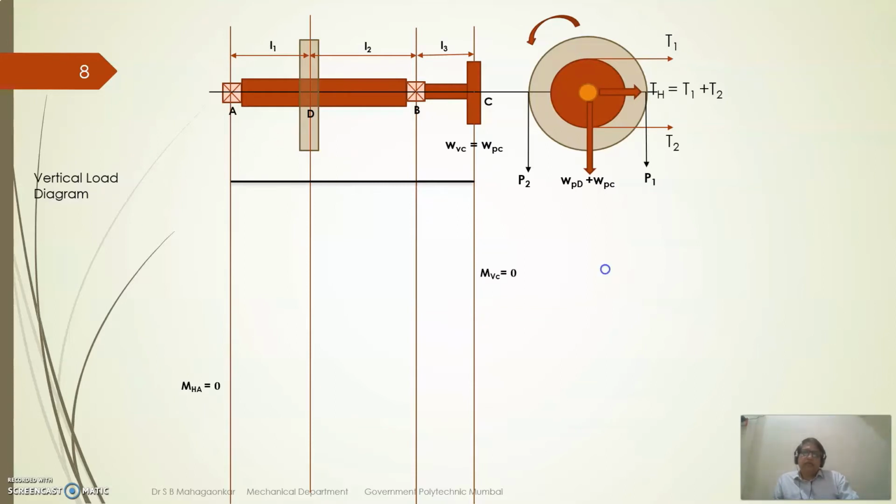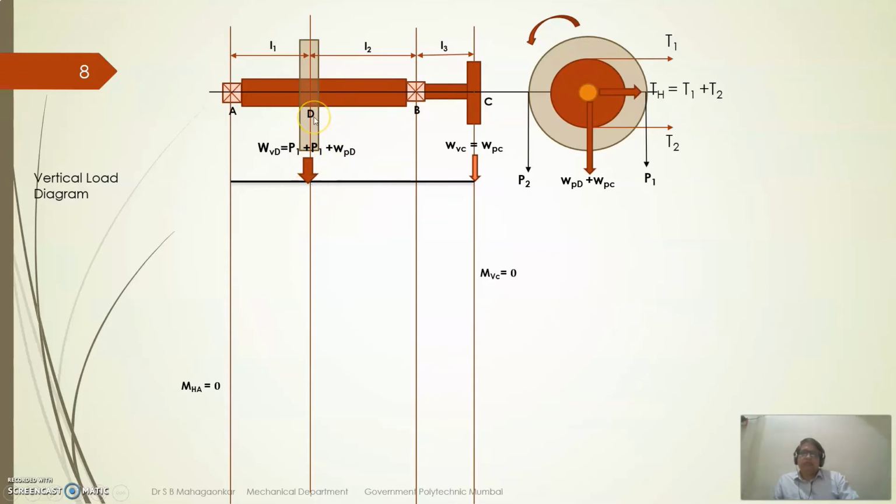Okay, so accordingly, the total load acting at the point D is the sum of P1 plus P2, and here is the weight of the pulley C, acting in the downward direction. The vertical load at point D, WVD, is equal to P1 plus P2 plus WPD, the weight of the pulley.